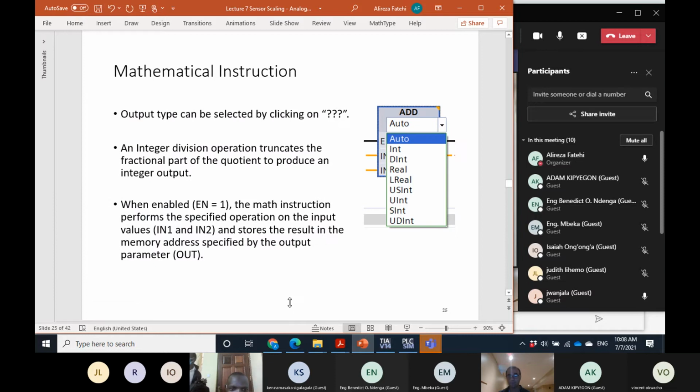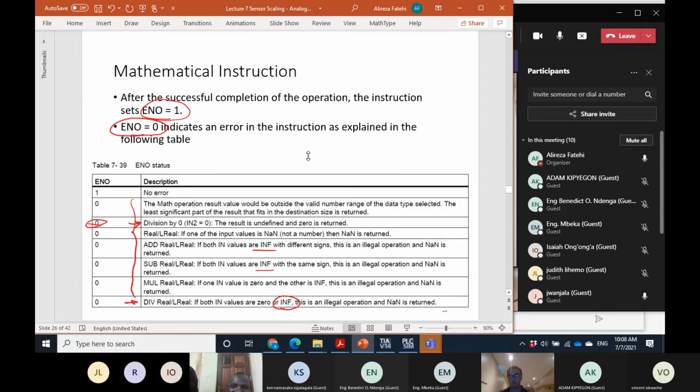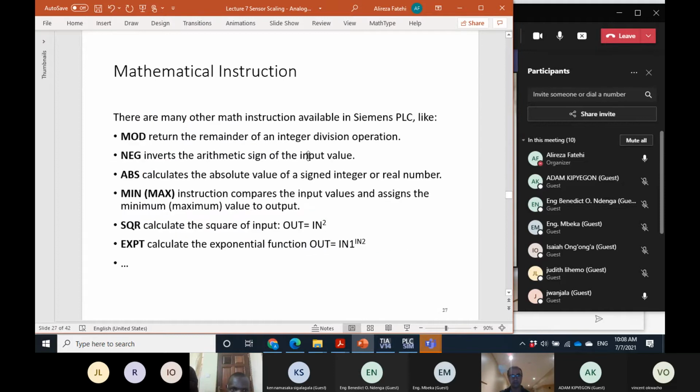The issue is that the PLC informs you that this happens, and then you can decide in your program whether to send an error message, or do something, or what to do. It depends on your programming. It just lets you know that you divided by 0, and according to that error, you should take care of that and try to fix it.